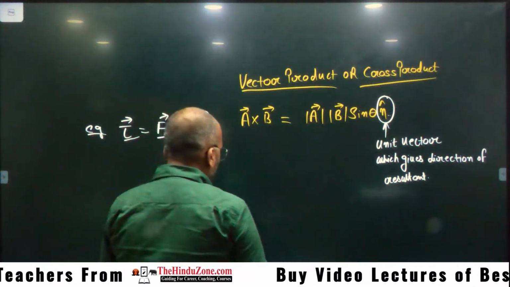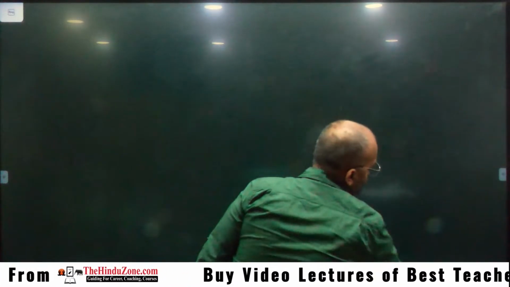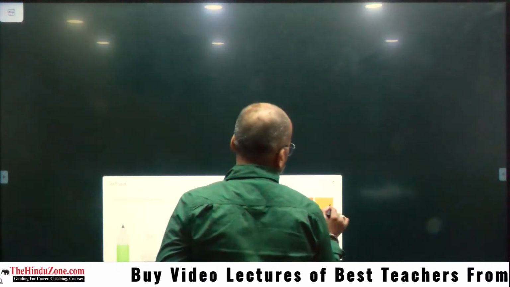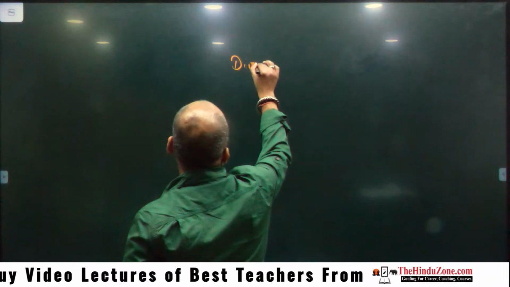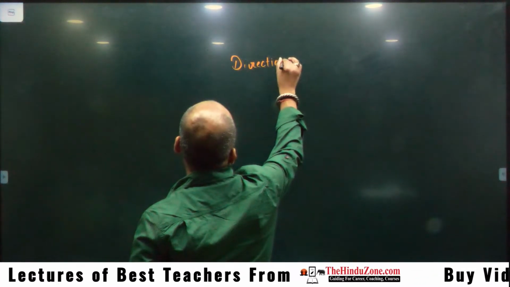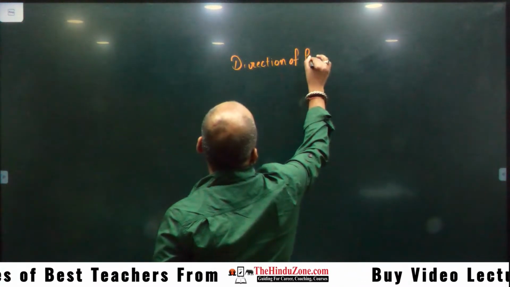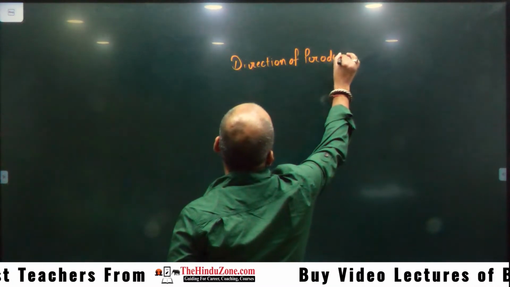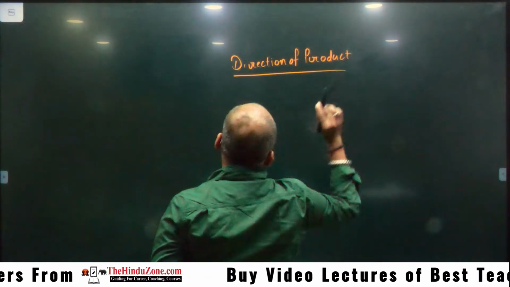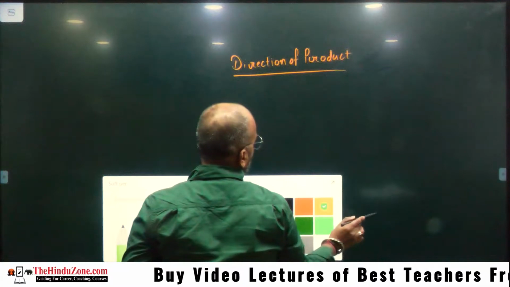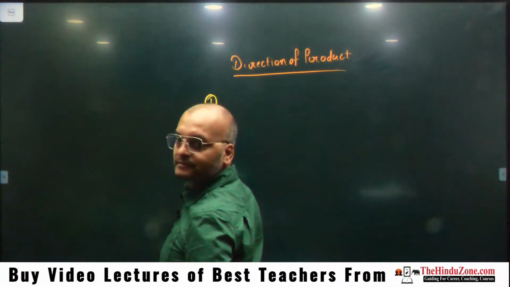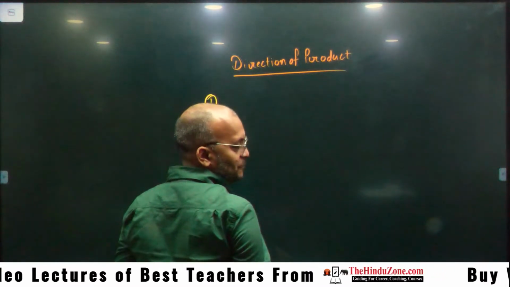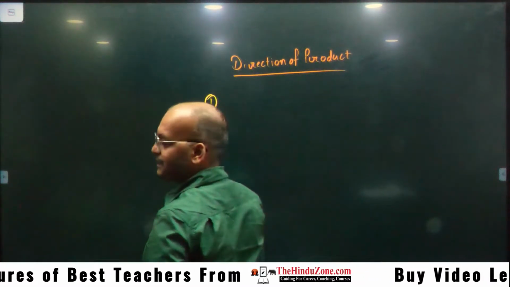Okay. So for the direction of the product, we have two rules. Rule number one is, what is the name of the rule? Very good.